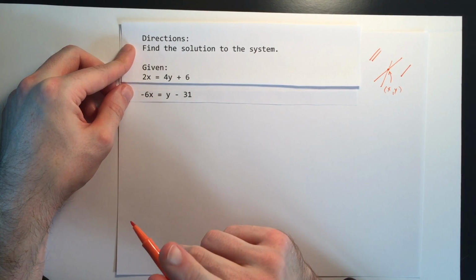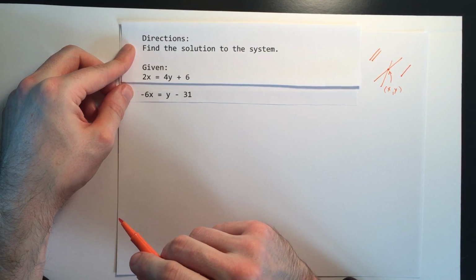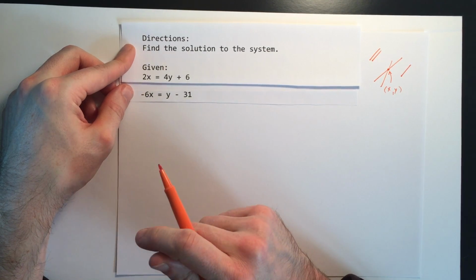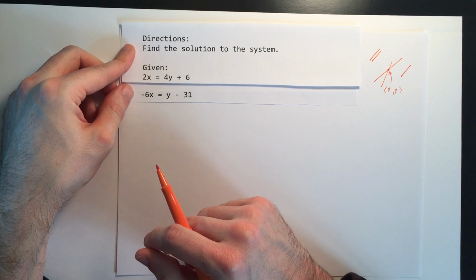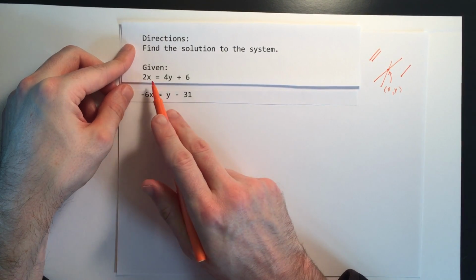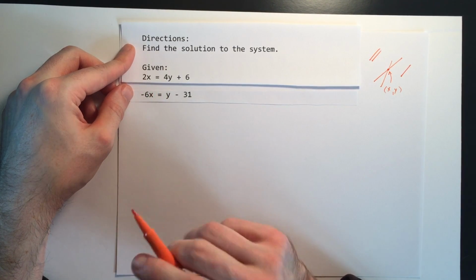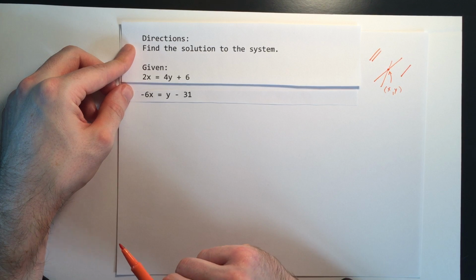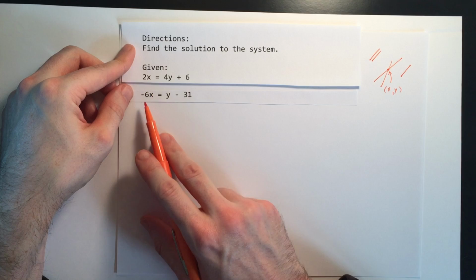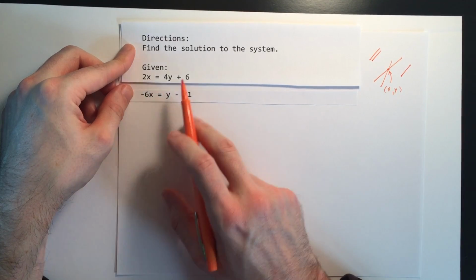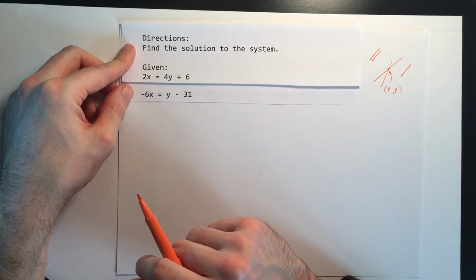But our goal isn't just to add them together. Our goal is to get rid of either the x's or the y's. And by get rid of, I mean make them turn into 0. The reason we want to do that is that you can't solve an equation that has two variables in it. You can only solve equations that have one variable in it. So our goal is to get 0 when you add the x's or 0 when you add the y's.